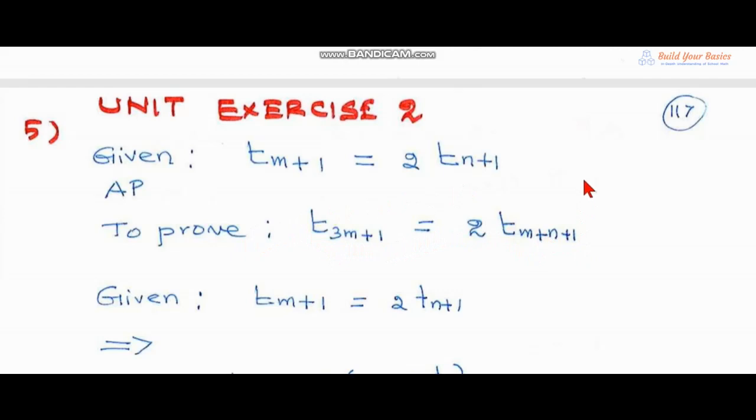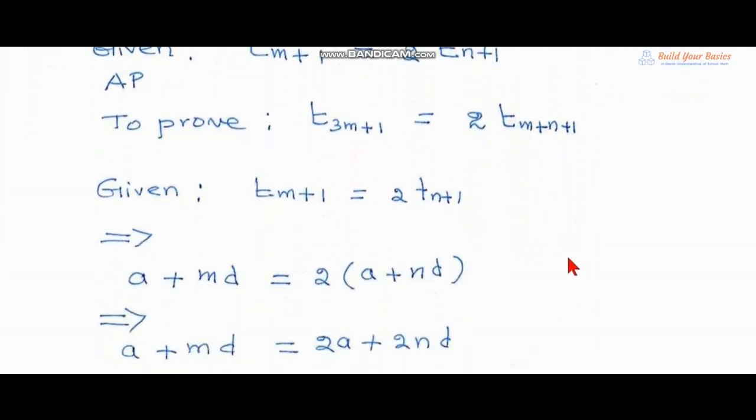Here we are considering an AP. Now what is given? t(m+1) is twice t(n+1). That is the m plus 1th term is twice the n plus 1th term. What is t(m+1)? a plus md. Here m plus 1, so m. a plus md equal to 2 into, here n plus 1, so n, a plus nd.